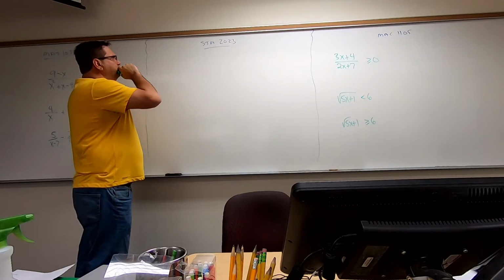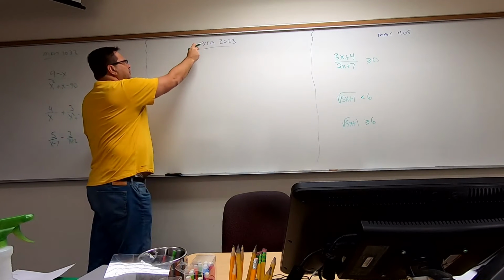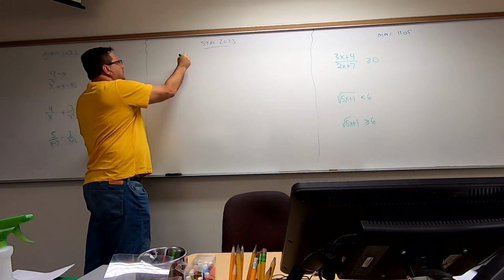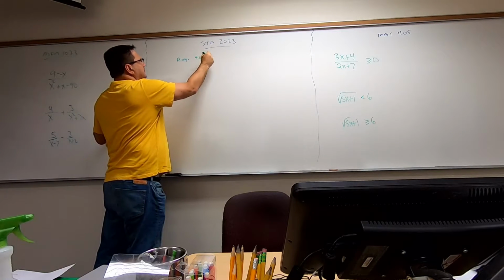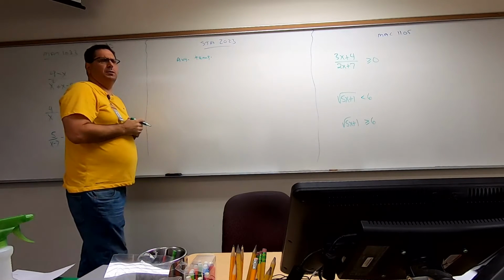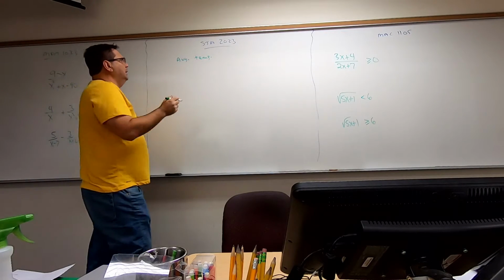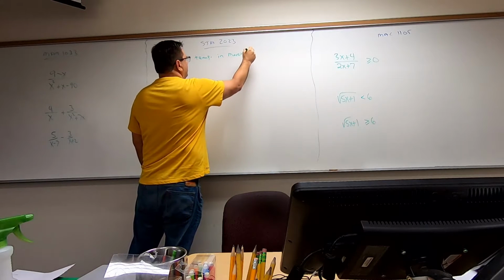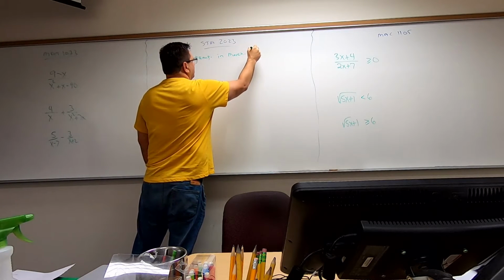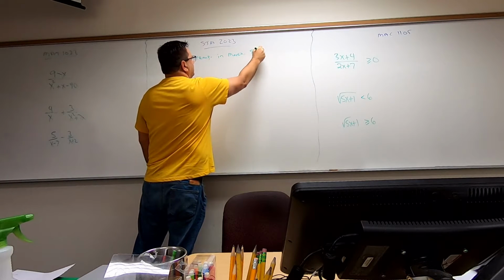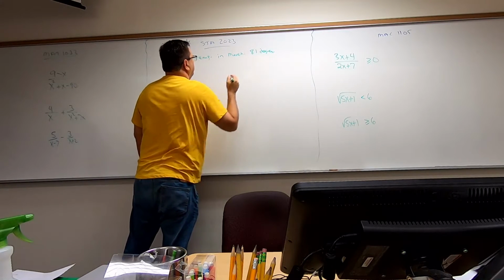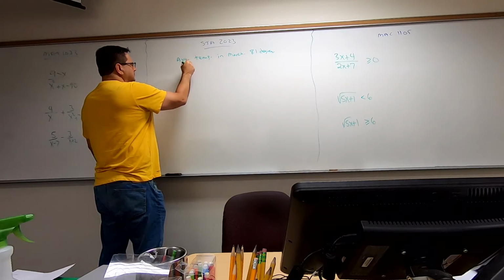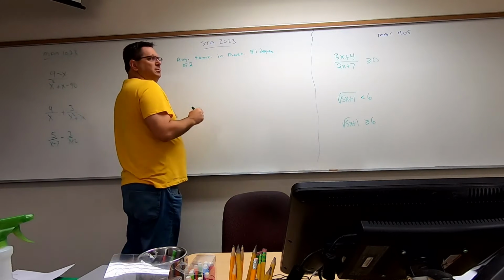Alright, so here's what we're gonna do. We're gonna look at the average temperature in March, and we're going to say that the average is 81 degrees. The standard deviation is 2 degrees.